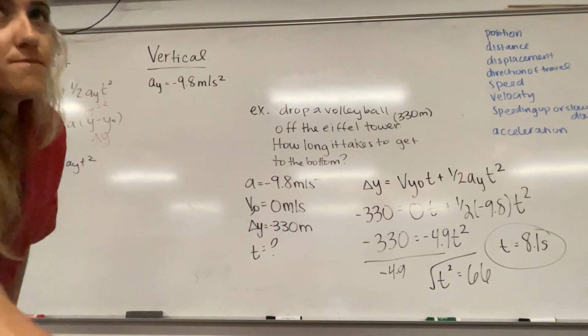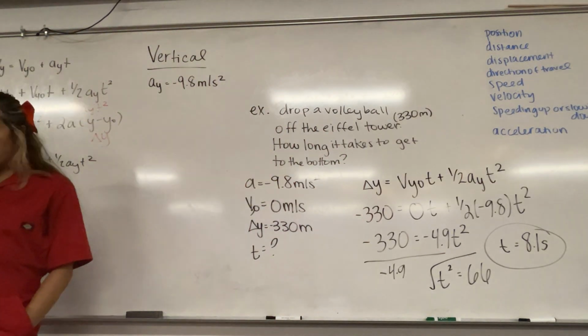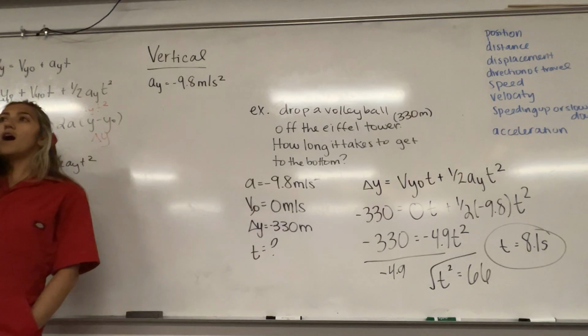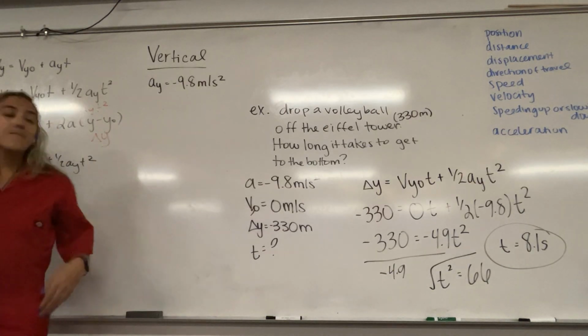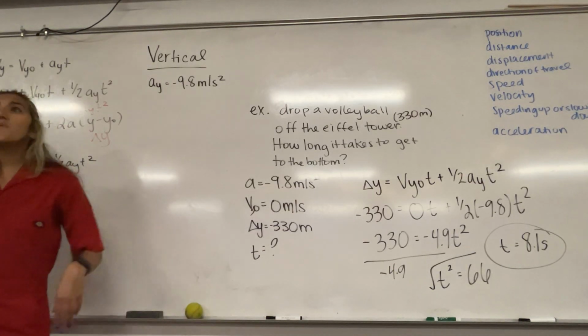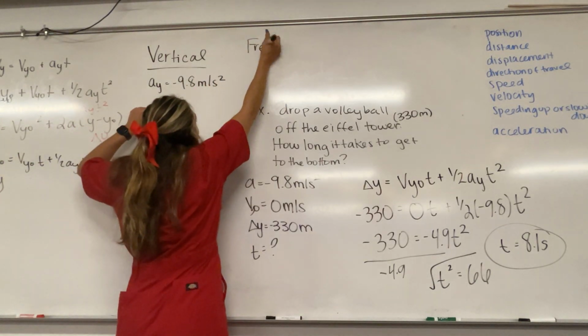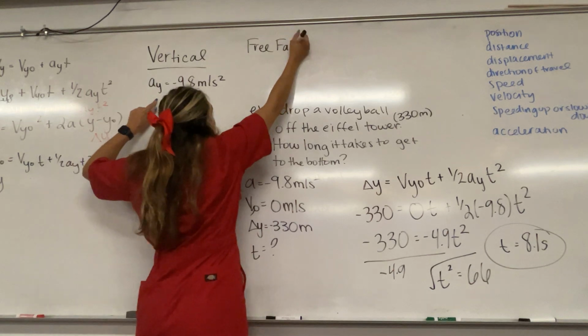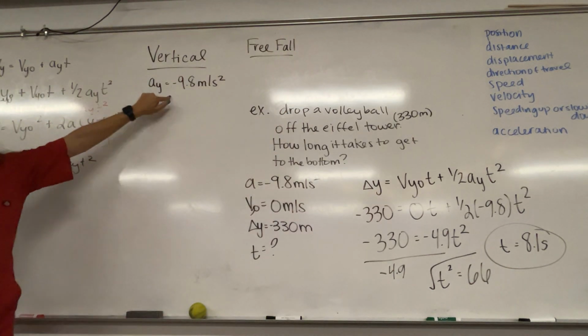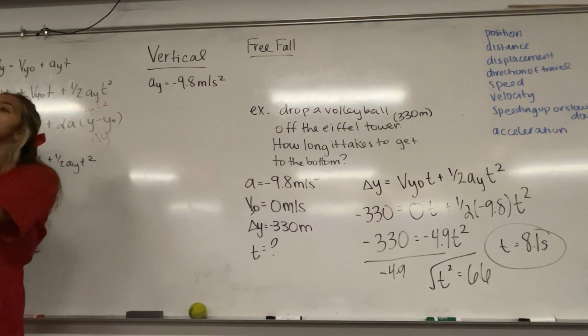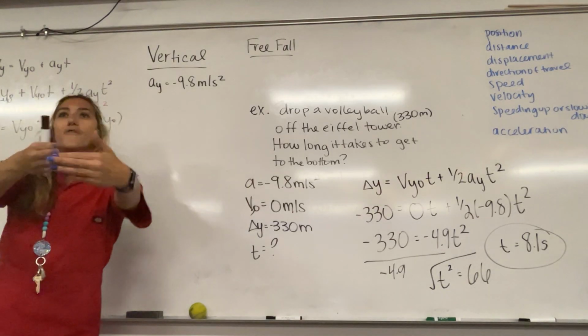So this example with my tennis ball, right, just dropping, I dropped the volleyball off the top of the Eiffel Tower, right? As I drop it, this is what we're going to talk about as free fall. So we have just any random type of vertical motion. I only know this information, just the acceleration. For free fall, it's a slightly more specific type of vertical motion.